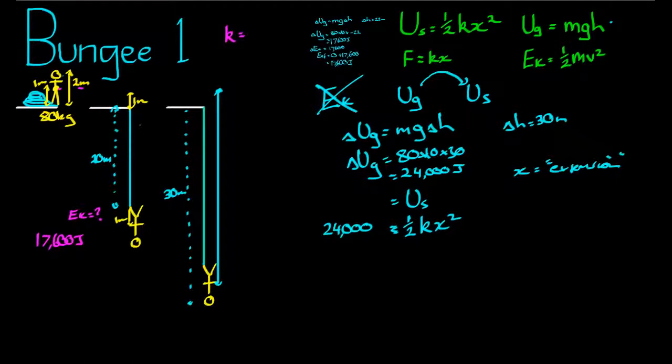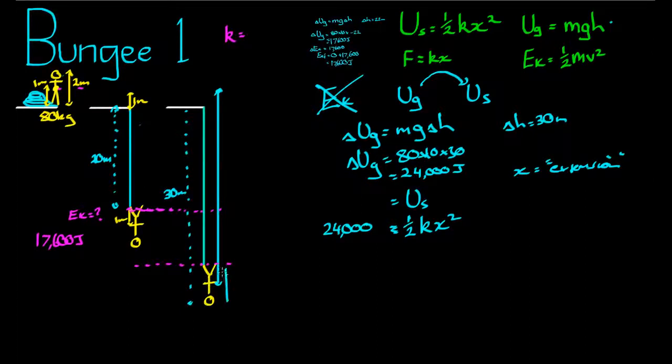So this is, as I said in the beginning, one of the important parts of this question where you need to have drawn a great picture. If you've been given these three pictures here, we at least need to label it properly. What is the difference in height between the bungee cord there and the bungee cord here? Well, we know this bungee cord here is equal to 20 meters in length, and we know this length here from platform to head is 30 meters.